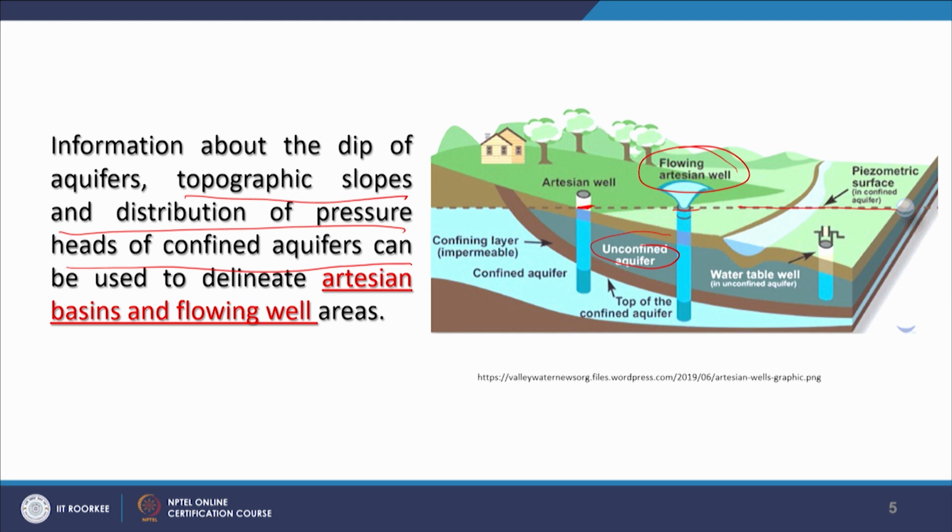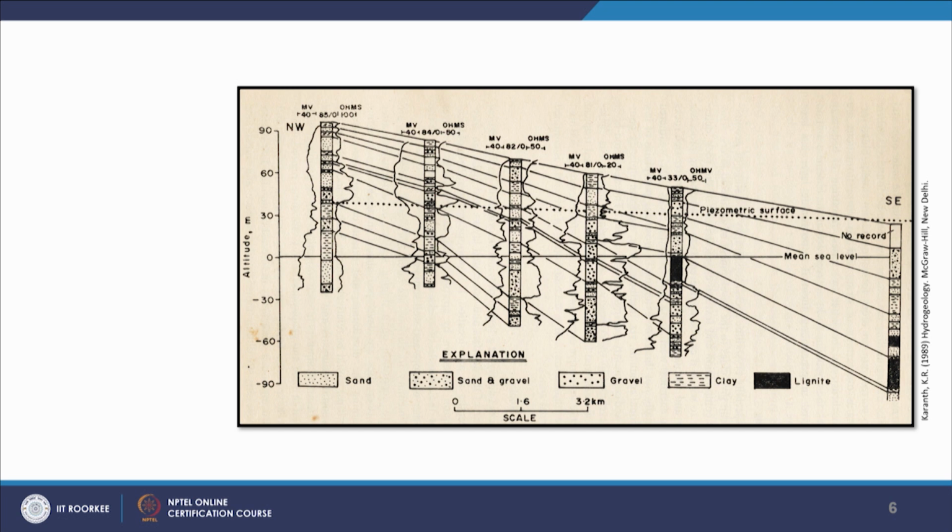Because these are very much possible in unconfined aquifer conditions, including in confined aquifers also. If the water table or piezometric surface is higher than the ground, then you may get water at that level.